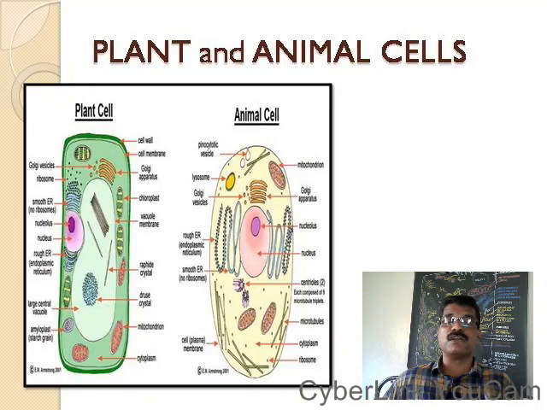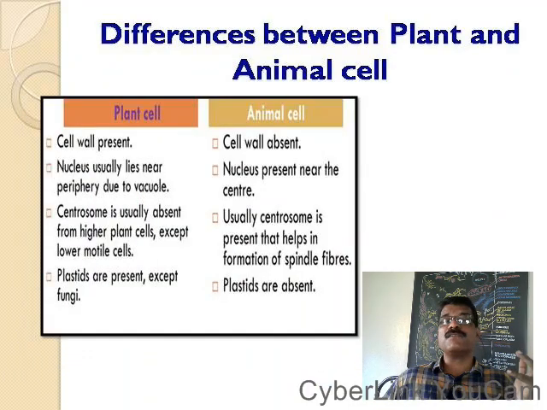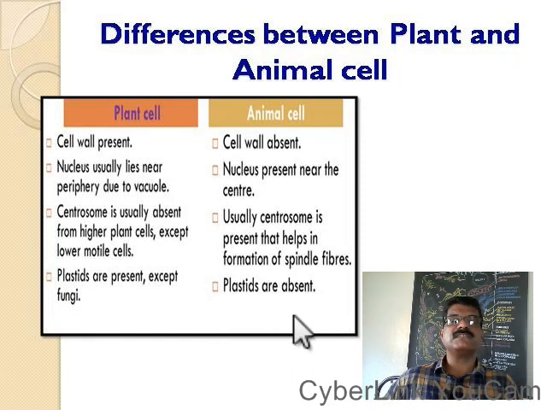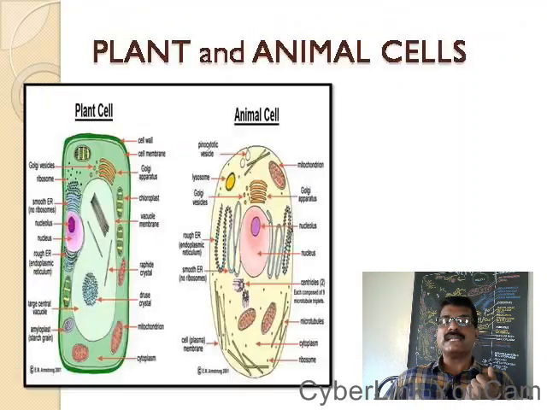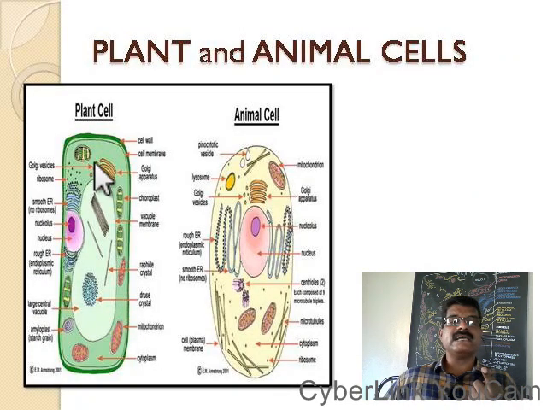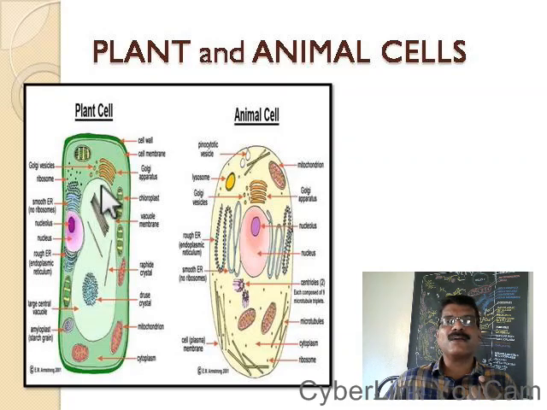So we can write one more difference. In case of plant cell, a big vacuole is present. In case of animal cell, the vacuole is very small or the vacuoles are absent. Look at the other difference. See, in case of plant cell, you can see the chloroplast, which possesses the pigment known as chlorophyll. This is seen only in plant cell.